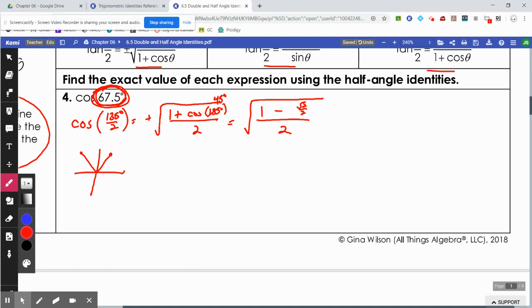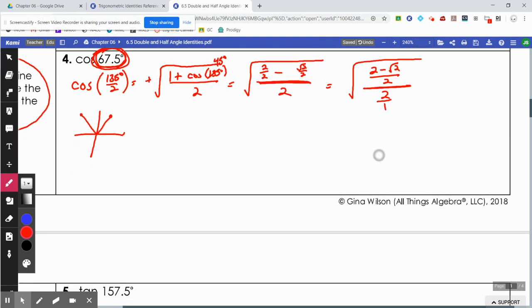Now let's clean this up. 1 minus root 2 over 2, we need a common denominator, which is going to be 2. So I changed my 1 to 2 over 2. Let's subtract those two values. So I now have on top of this fraction bar 2 minus root 2 over 2. And then that whole thing is also over 2. So what do I do now? Inside of this fraction, I flip and multiply.